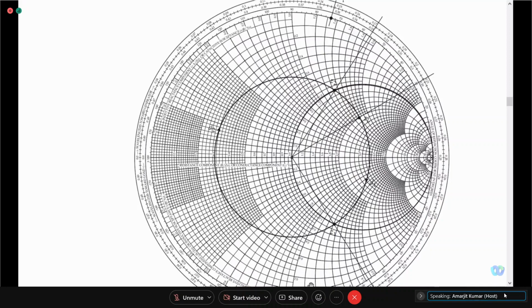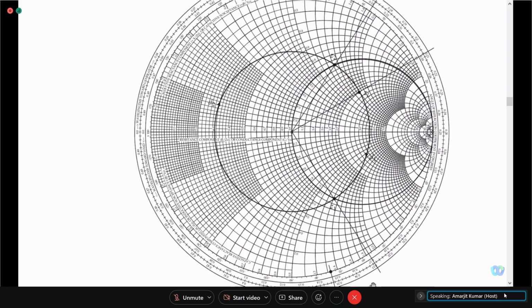So what will be D1? D1 is here and D2 is this much from ZL to D. So D1 will be equal to 0.209. Can we write 0.209? And this one here is 0.329.